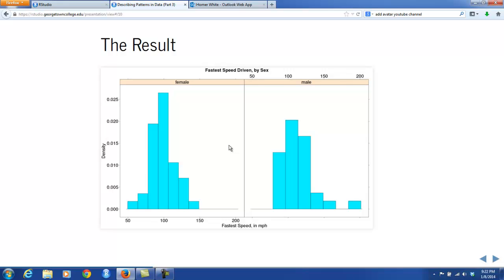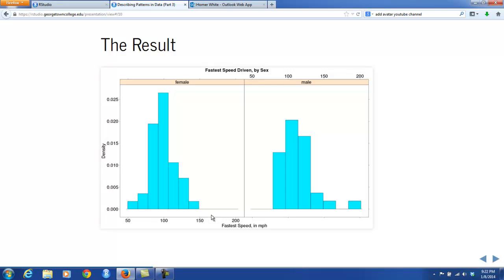But these two panels both have the same scale along their horizontal axis. So we have this 50 to 200 mile per hour scale here for the females, and we have the same 50 to 200 mile per hour scale here for the males. It's just written up on the top, so it doesn't get in the way of the scale for the females.